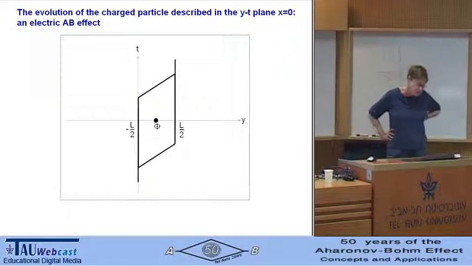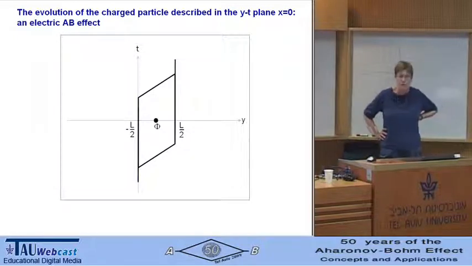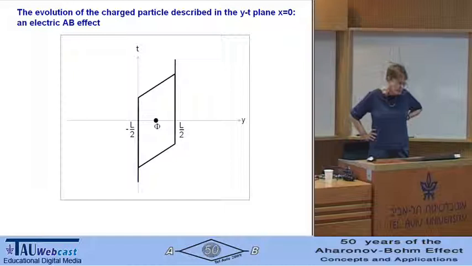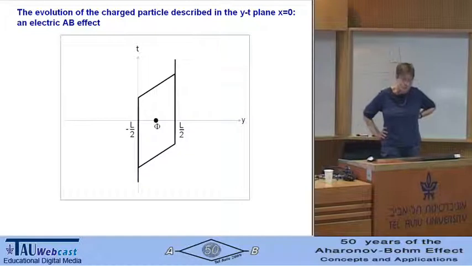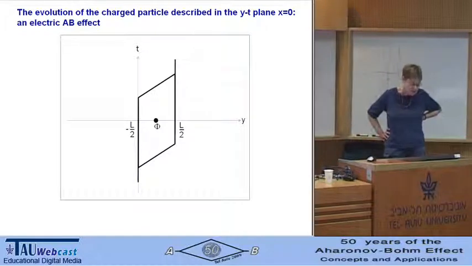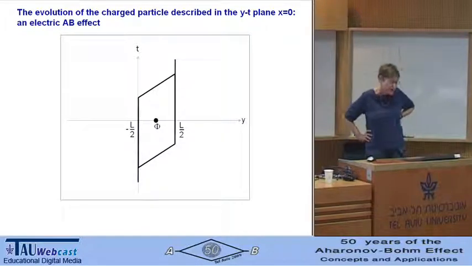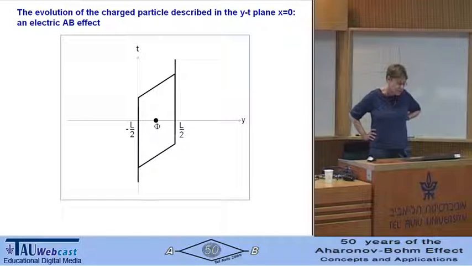So the solenoid, because of its motion in the x direction, has an electric field in the y direction. So when it crosses this yt plane, there appears at the origin an electric flux that equals phi, the original flux of the solenoid. And we have thus here an electric AB effect, and the charged particle acquires a relative phase.